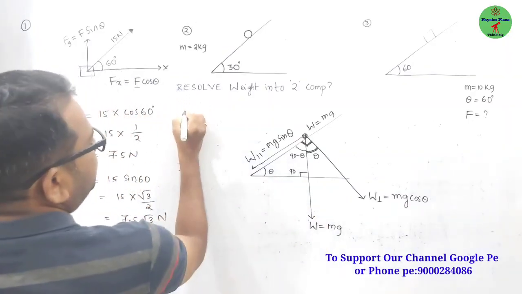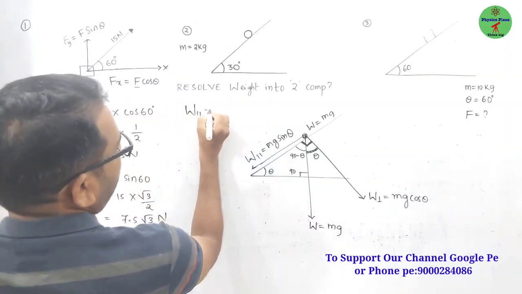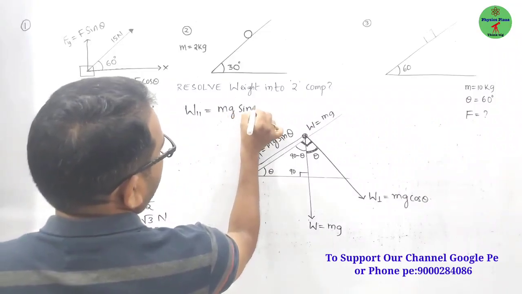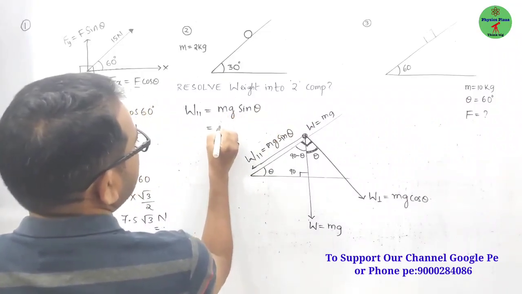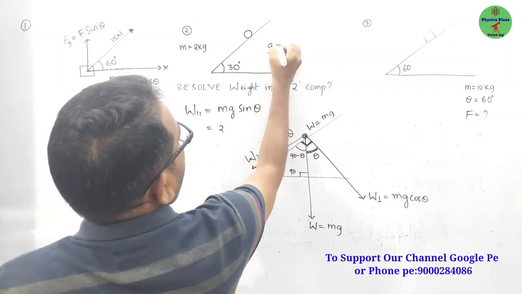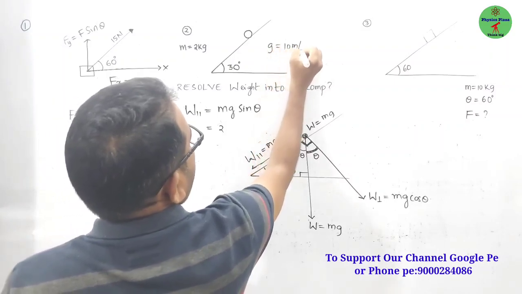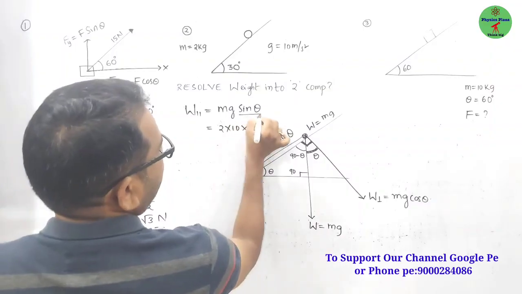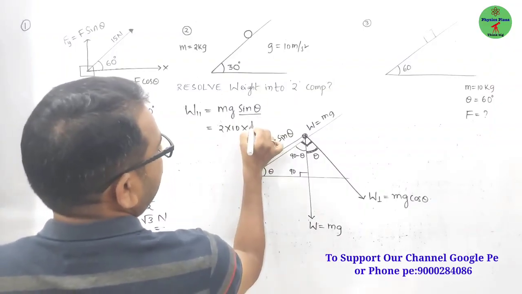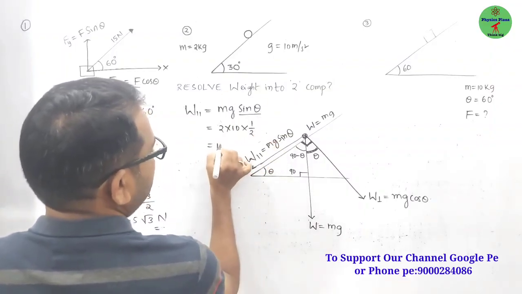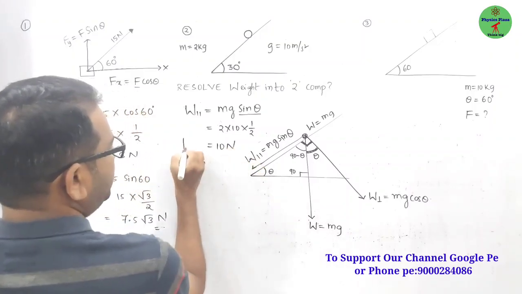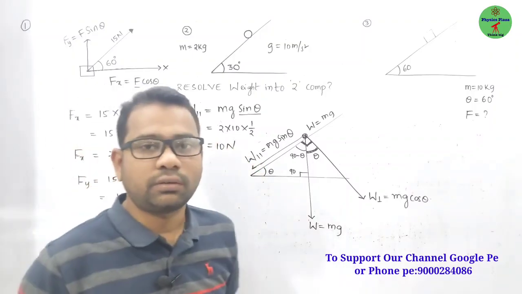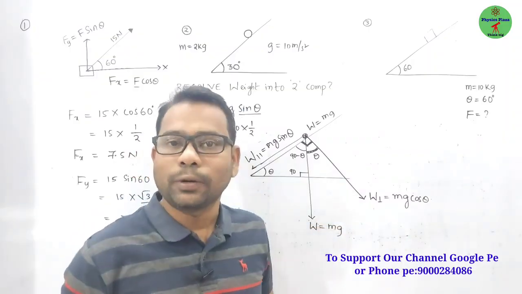So now here the parallel component formula, let us use mg sin theta. m value is 2, g let us take 10 meter per second square, so that is into 10. Sin 30 is how much, children? 1/2. So this is 10 Newton. So 10 Newton is the parallel component of the weight along the inclination, children.